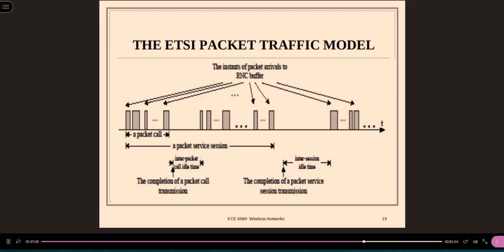So in order to be fair about the use of the channel, the idea of packet communications came into the picture. In packet communications, you have to cut up your long file into relatively small pieces, and then each piece competes for the channel with other pieces from other sources.